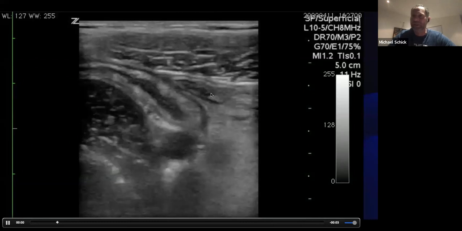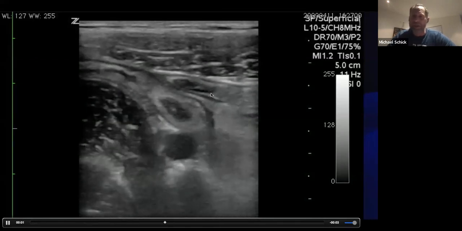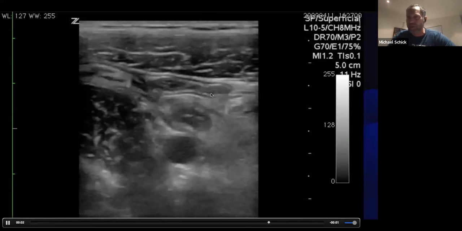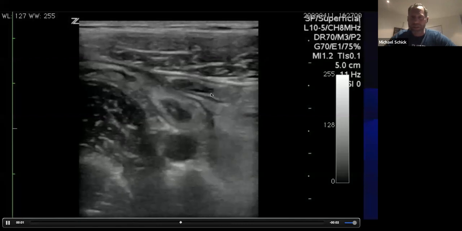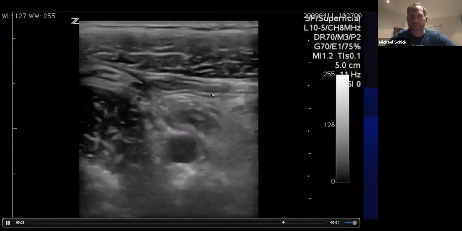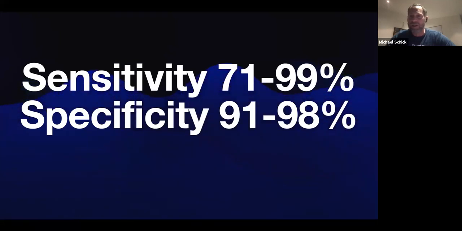In a normal appendix, it'll peristalse, you can compress it, but in an abnormal appendix, it'll be dilated, there might be fluid around it, might have an appendicolith. And it's usually more than 6 or 7 millimeters in diameter. So the ultrasound in pediatric patients is pretty good. The sensitivity is somewhere between 71 and 99%, and the specificity is excellent.